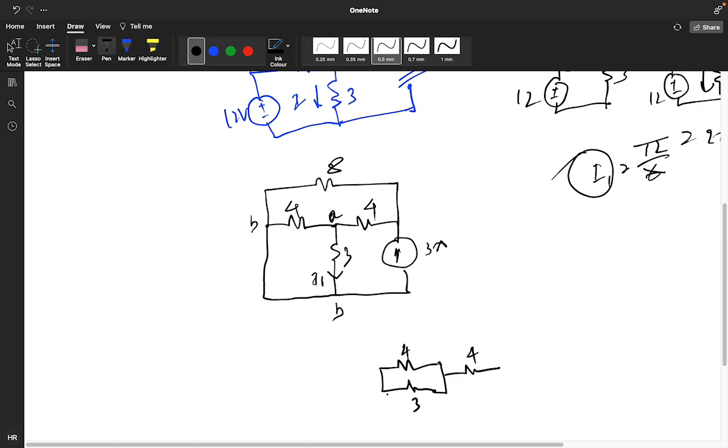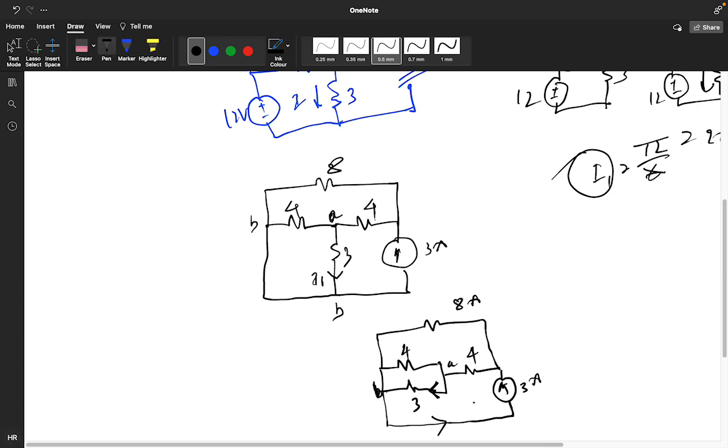Okay, and you need to find the value of this current. You are assuming this as A, this is your B, and this particular current source is 3 ampere, and this is your 8. You need to find the value of this current from A to B.